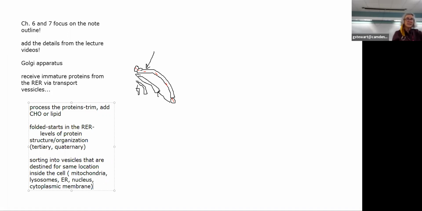The ones that are headed to the cytoplasmic membrane, which is the ones they always show you in the textbook, especially in this chapter, they go to that membrane, and then they're going to fuse with it, and the contents of the vesicles are going to be dumped out. And then those proteins can go do lots of things. They can go to different cells, they can perform as hormones, they can cause other events to happen in a different part of the body. So it kind of depends on what the function of the protein is, and that's going to depend on what cell is making that protein, right?